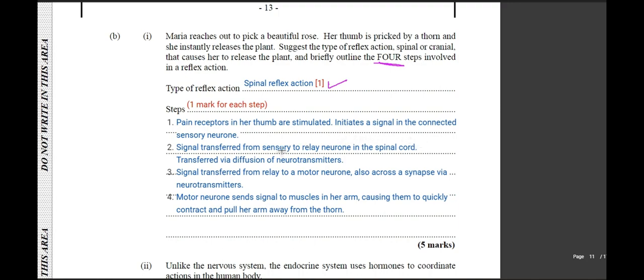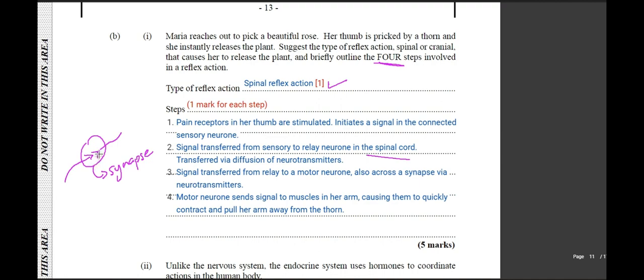That initiates a signal. That signal is transferred from sensory to relay neuron in the spinal cord, and that is then transferred via diffusion of neurotransmitters. Because remember, between 2 neurons, you'll have that same thing we mentioned, which is the synapse.